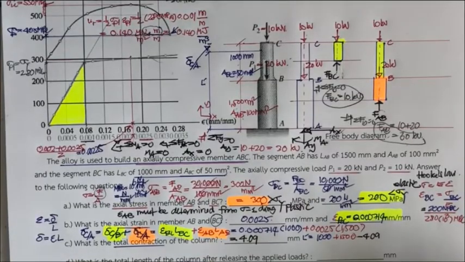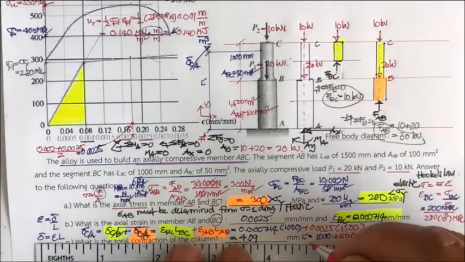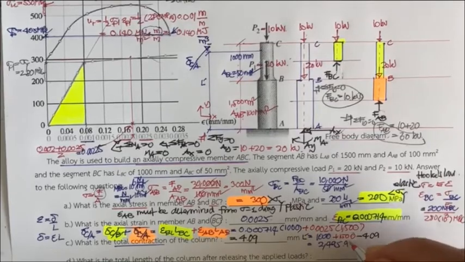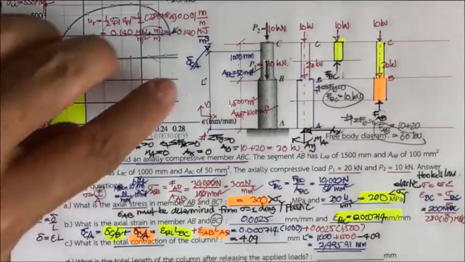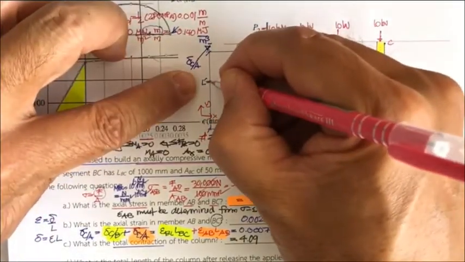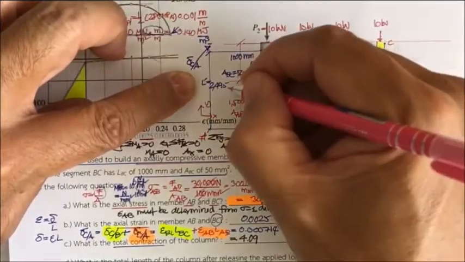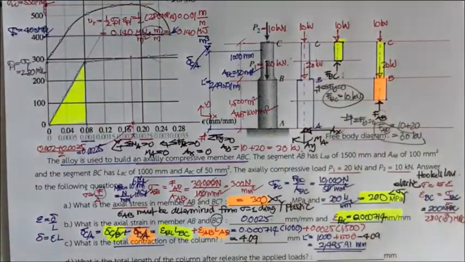Then you may get the L prime of 2495.91 millimeter. This length now is equal to 2495.91 millimeter from 2500 millimeter.